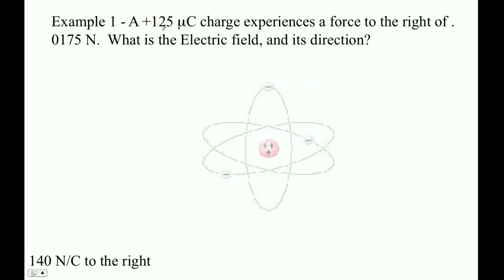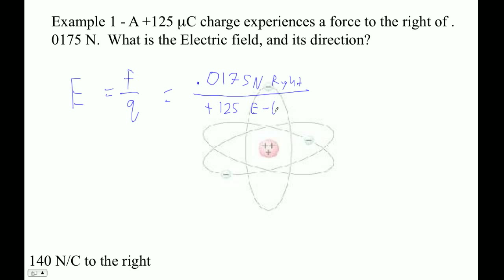So a 125 microcoulomb charge experiences a force to the right of 0.0175 newtons. What is the electric field and what's its direction? Well, E is F over Q. So it's 0.0175 newtons to the right, and then the charge is positive 125 E minus 6 coulombs.